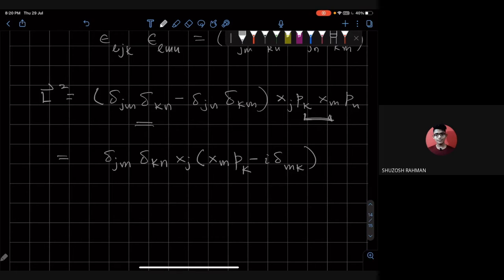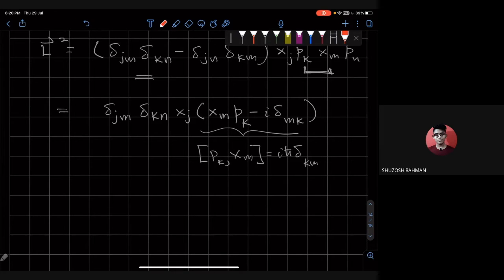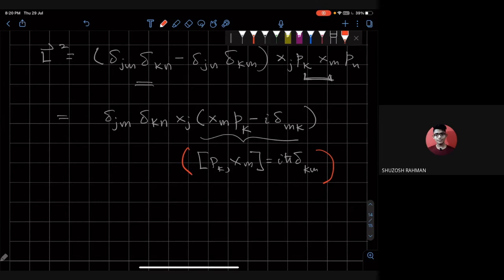What I've used here is the fact that the commutator of p_k and x_m is minus i h bar delta_km. This is the first term. The second term has a minus sign, and then we have delta. Oh, I'm also forgetting p_n, so there should be a p_n over here. So this is in brackets.